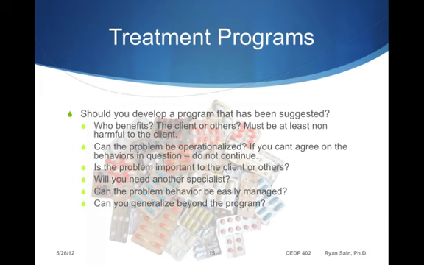Does the behavior go beyond the program? Can you generalize this stuff beyond the 6 weeks that you're going to be working with them? If not, stop. Your goal is permanent change, not temporary while I'm here change. Again, if you do your job right, you don't need to come back. You don't want repeat clients. That means you failed. Right?